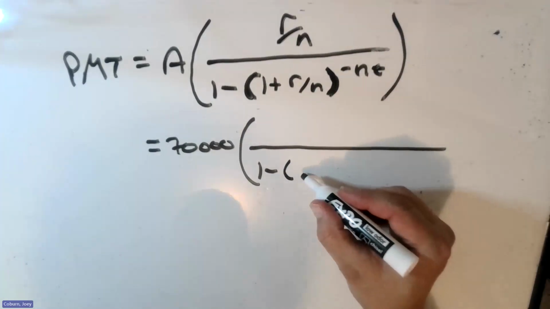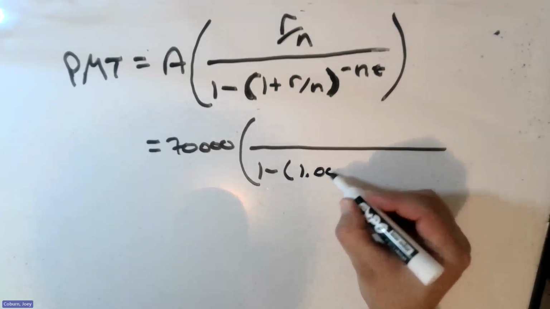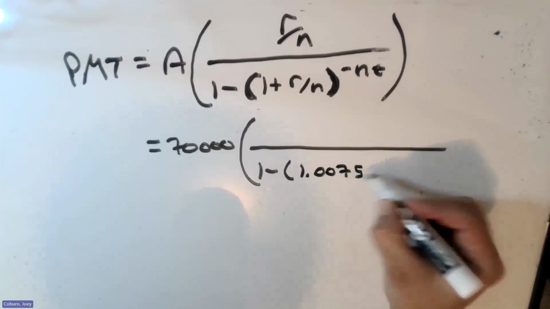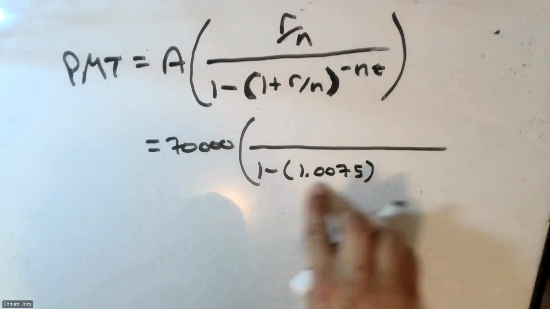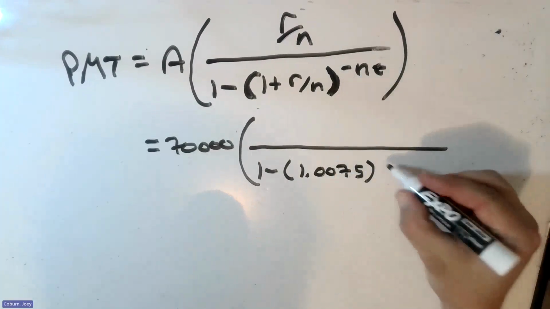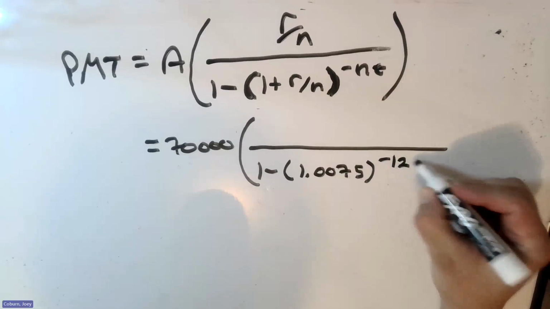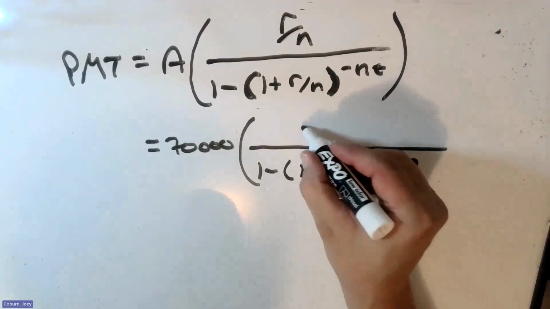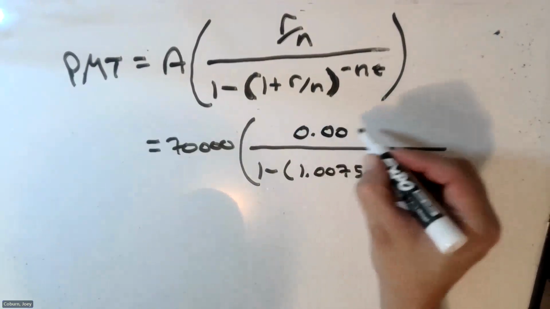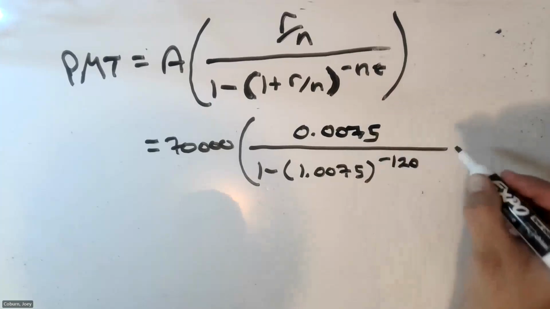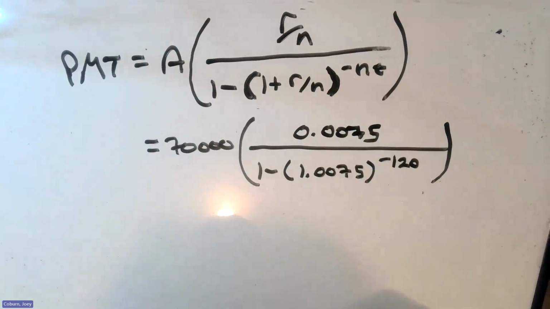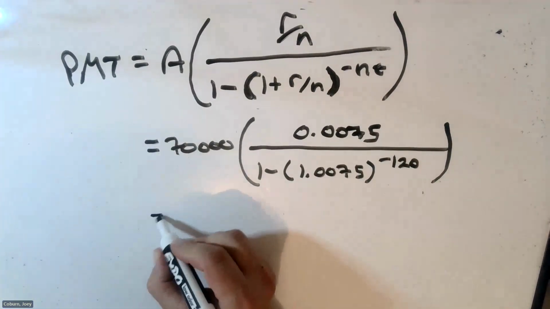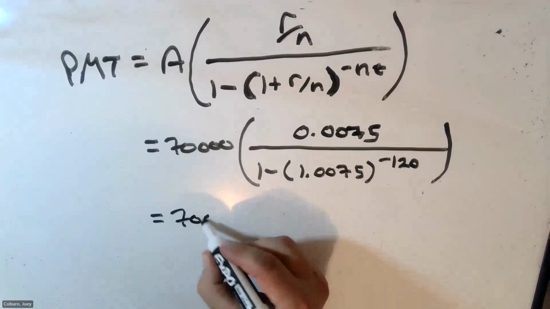And we have 1 plus R over N, that's 1.0075. So that's what we have here. Negative NT is minus 120, and R over N is going to be that. So hopefully this makes this a little easier to work with.